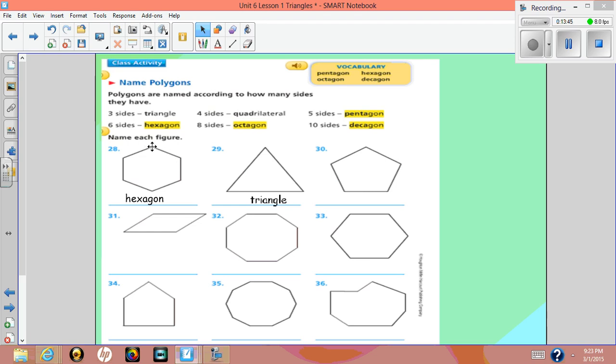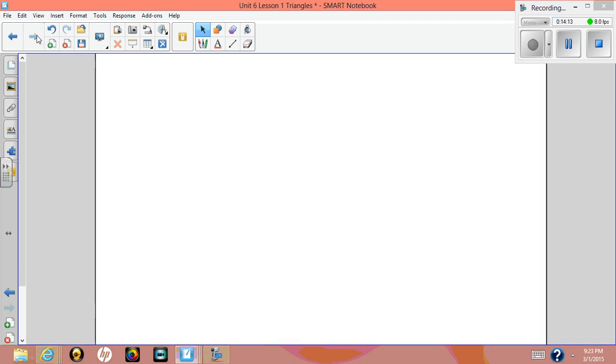If you count 1, 2, 3, 4, 5, 6, this is a polygon with 6 sides, and it is identified as a hexagon. And a polygon that has 3 sides, 1, 2, 3, is a triangle. I'd like you to finish this or read through it and see if you can understand the number of sides and how it is identified by its number of sides.